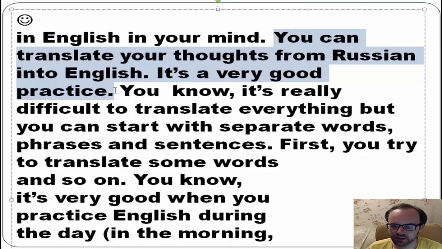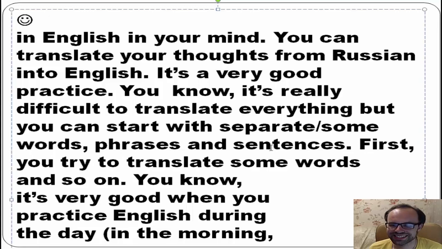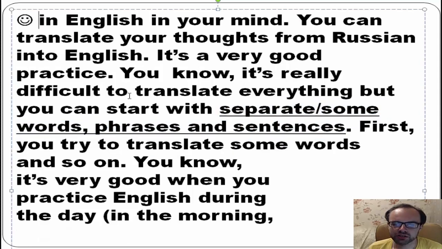It's really difficult to translate everything, but you can start with separate words. It means with some words, not sentences, with separate words, then phrases, and then sentences. Just start with something simple, with something easy for you, okay? So first you try to translate some words and so on.